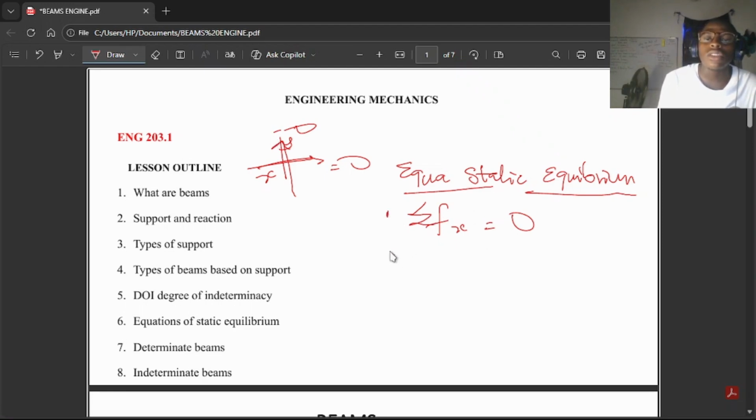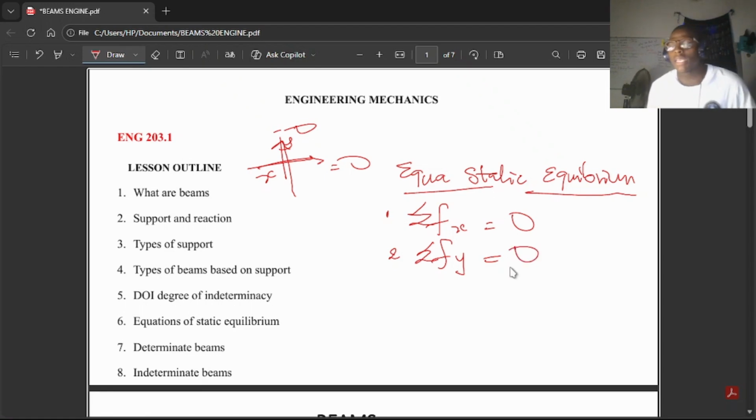So basically, what's the next one? Number two is sigma F of y, also equal to zero. Am I communicating? And what's the last one? Number three is the summation of moments about a particular point is equal to zero.